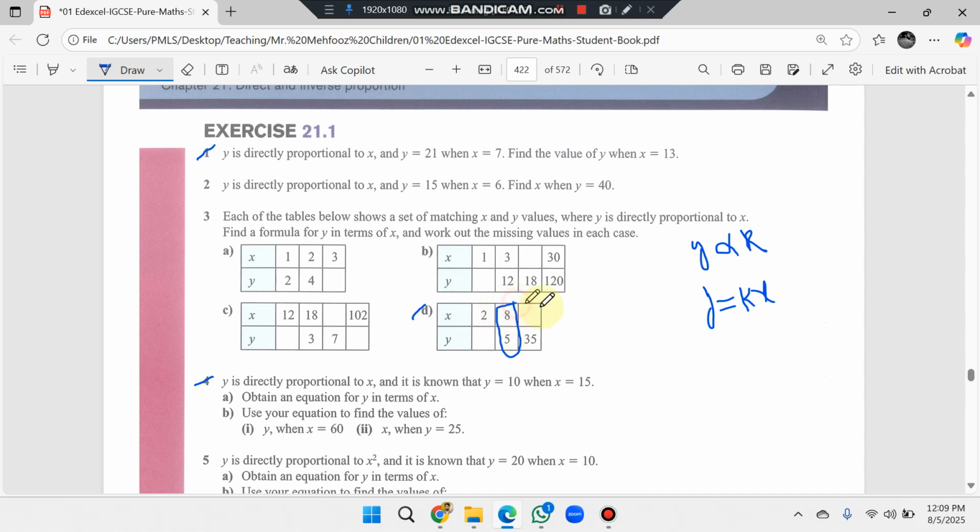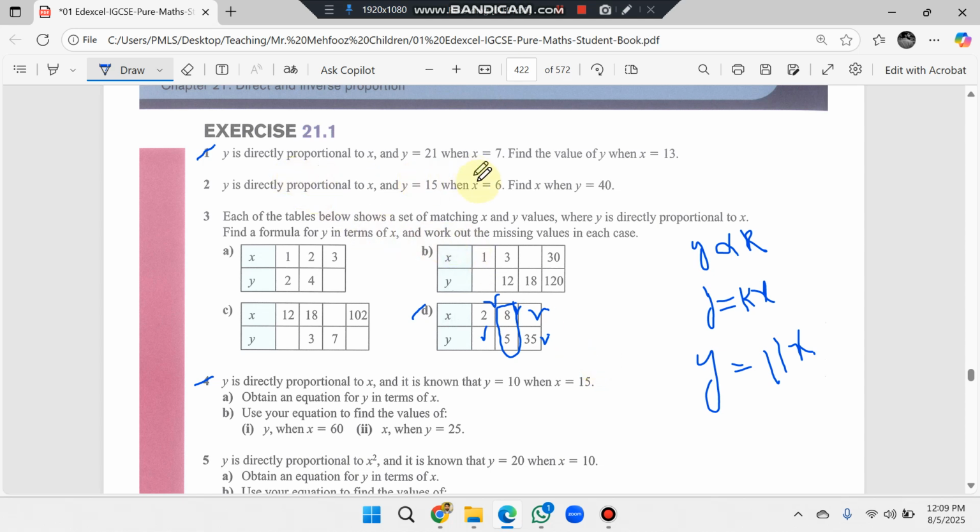So we use x equals 8 and y equals 5 to find the value of k. After finding the value of k, you have an equation that is y equals some number. Let's suppose this is 11. I'm just not solving, just giving you an idea. y equals 11x. Now when you put x equals 2, you have the value of y. When you put y equals 35, you have the value of x.